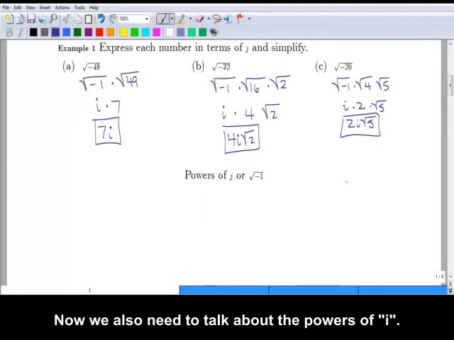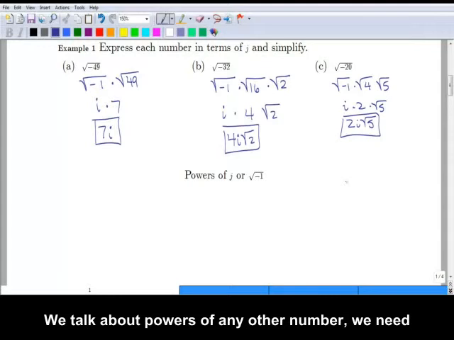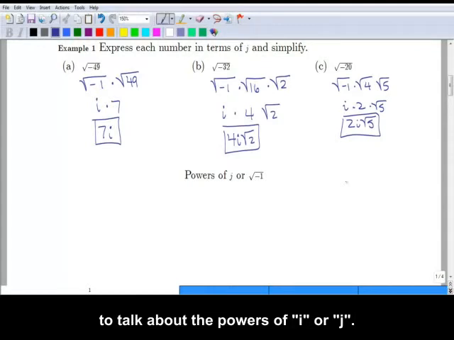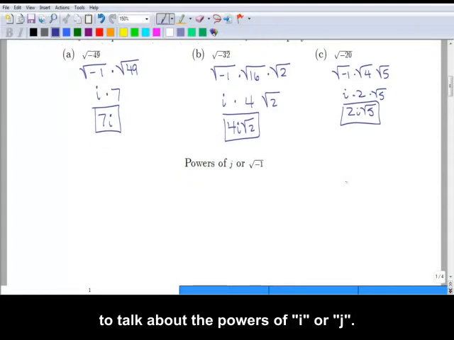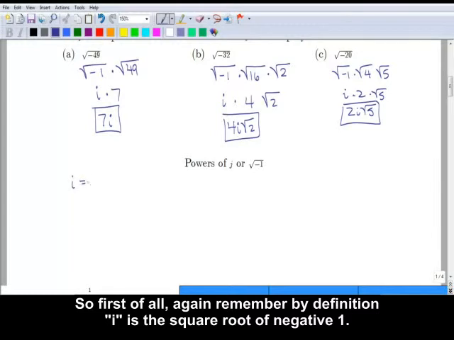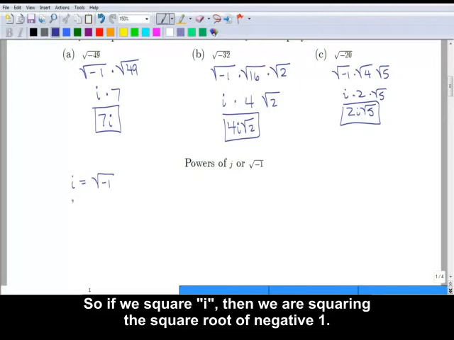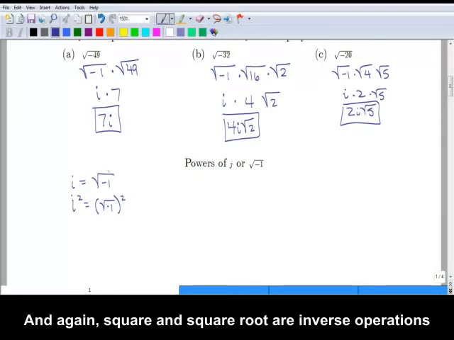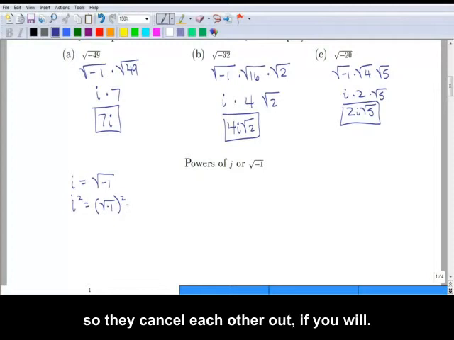Now we also need to talk about the powers of i. We talk about powers of any other number. We need to talk about the powers of i, or j. So first of all, again, remember by definition, i is the square root of -1. So if we square i, then we are squaring the square root of -1. And again, square and square root are inverse operations, so they cancel each other out, if you will, and you are left with -1.